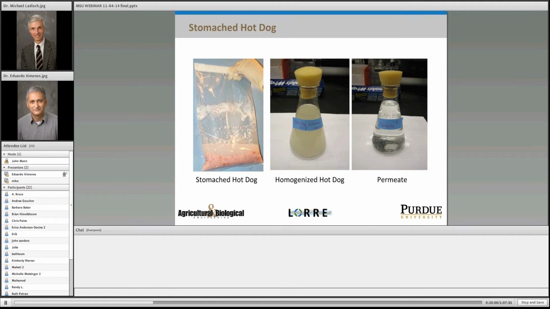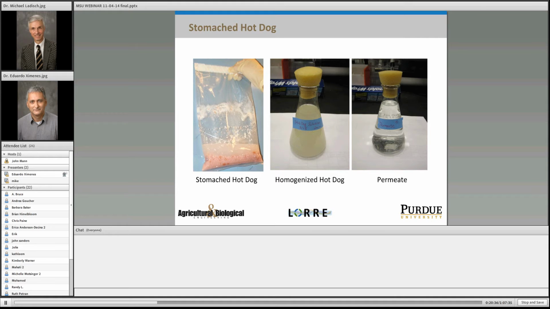This slide gives you, I think, a very good idea of the type of sample that we generate after we stomach. And in this case it is hot dog. On the first picture, we can see that when we mix hot dog with buffer solution in a 1:9 ratio, we get a very challenging sample to be microfiltered.